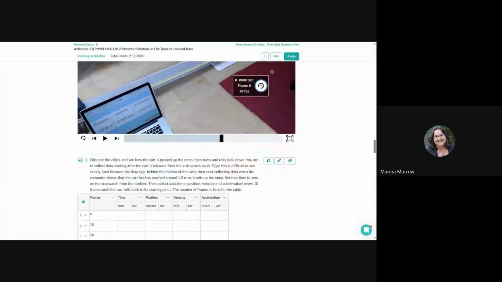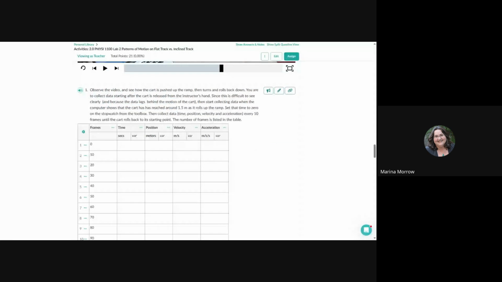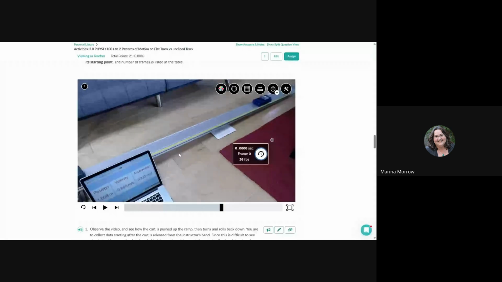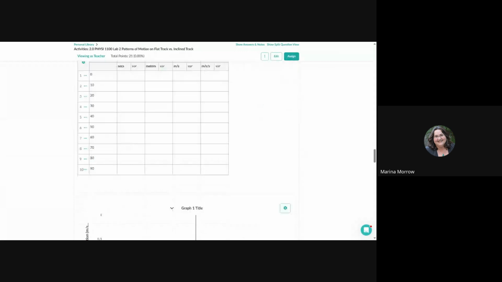And you are going to collect, again, the position, the velocity, the acceleration, and you're going to keep collecting data every 10 frames till the cart has rolled basically up the ramp and then back down to 1.5 meters. Okay, and so that's how you're going to start this one off.